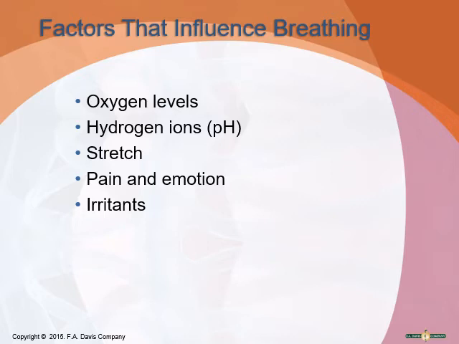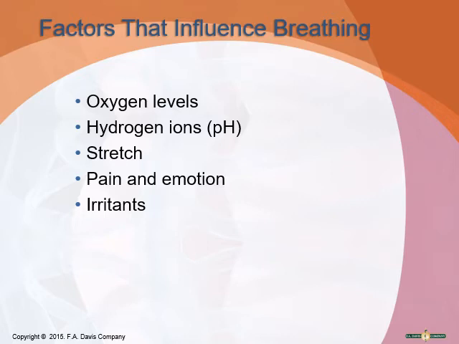So let's think a little bit about what's happening when you exercise. Your muscles are extracting more oxygen because they need the fuel, and let's say glycolysis is in rapid flux to produce ATP for those muscle contractions.